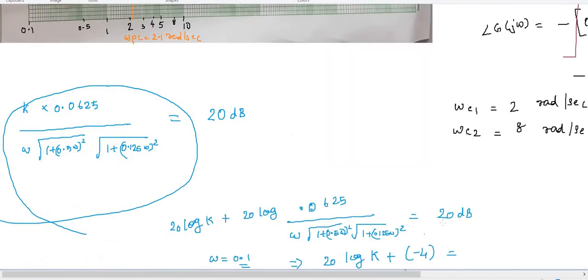Minus 4 plus 28 will be 24, not 20. Because at the initial point, when you add minus 4 plus 28, it will be plus 24 dB.